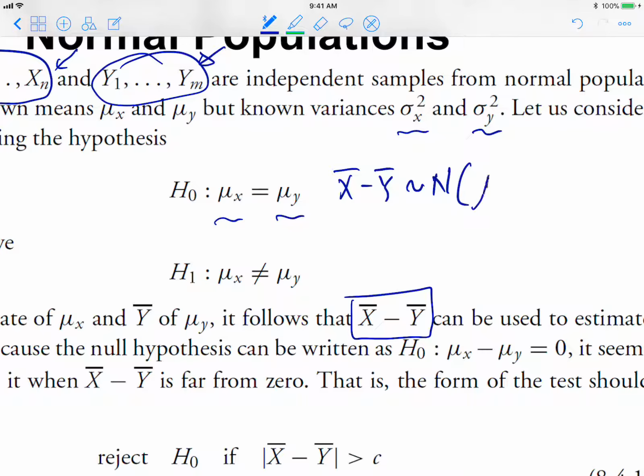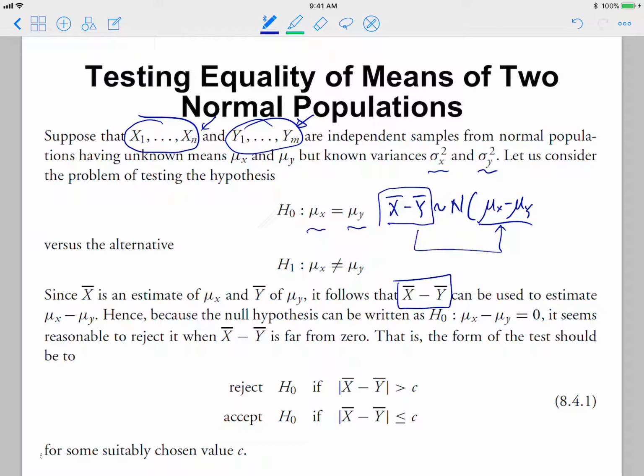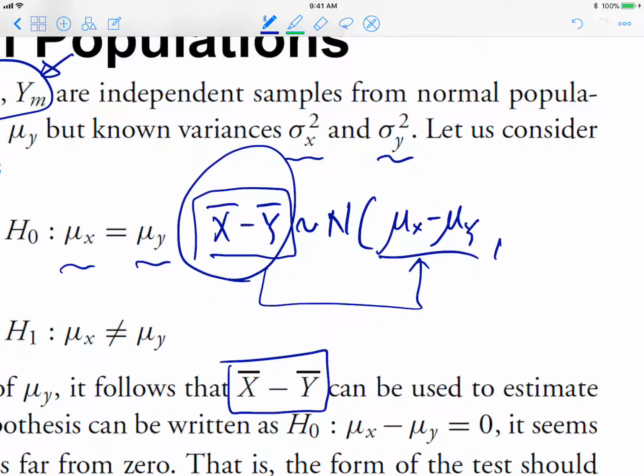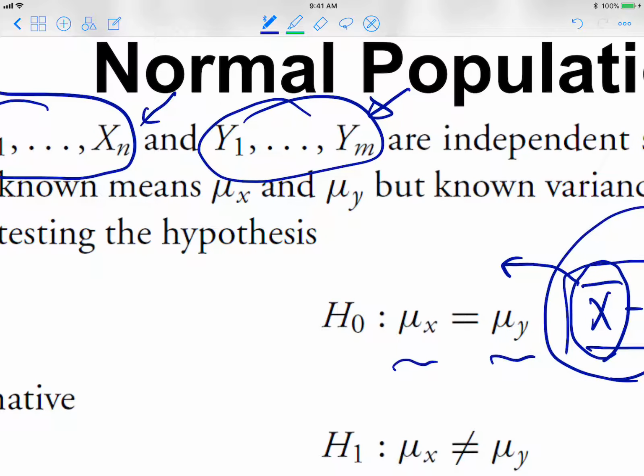In this case, mu x minus mu y are the true parameters, right? And so altogether, this statistic will have the mean value of this. And then what was the variance of this? The number of observations for these two samples were n and m.